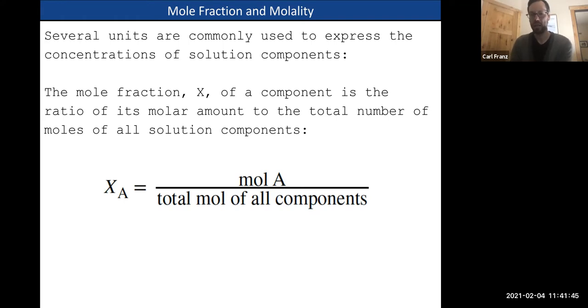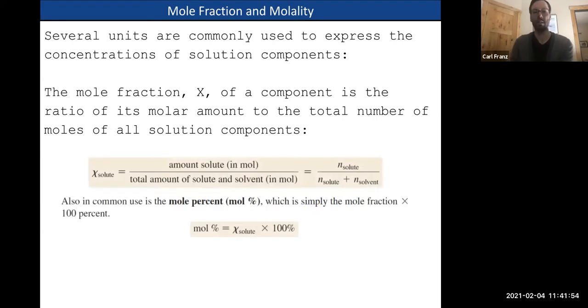And with that, we can then calculate the mole percentage or the mole percent, okay? Another way of looking at this is that the mole fraction, or X, is equal to the amount of solute in moles over the total amount of solute and solvent in moles. So N solute over N solute plus N solvent, okay? And then when we take that number, we multiply it by 100%, we get our percent mole.